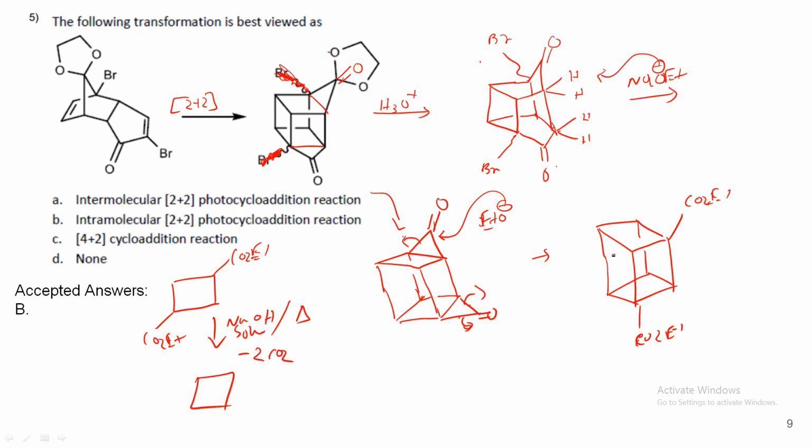So here you can think of the same way. This one has this anti diester. It is related like this, and if we do the same treatment followed by heat, in the same way carbon dioxide would be removed, and it would form a cubane type moiety, right?